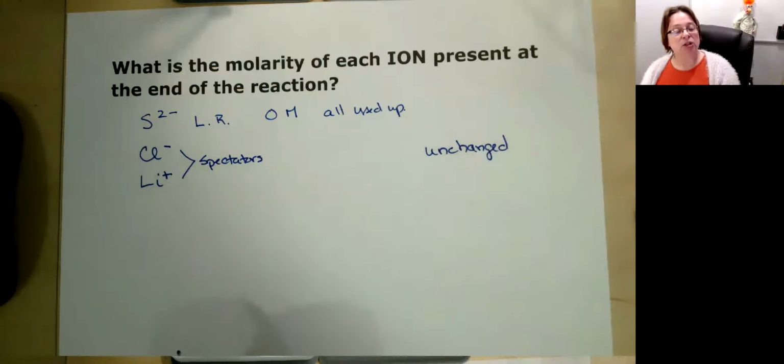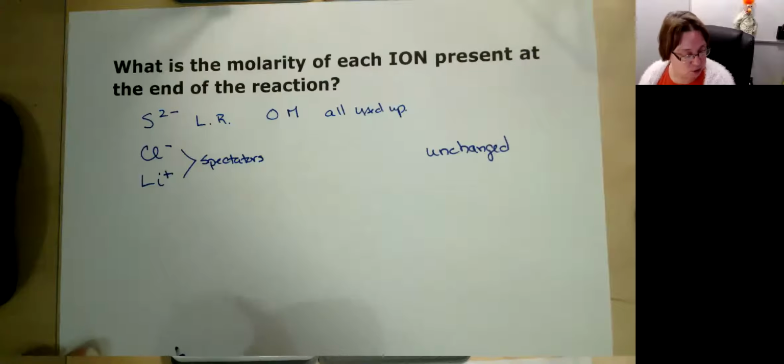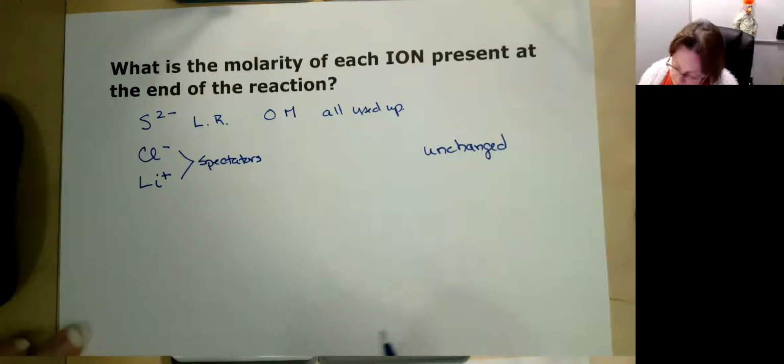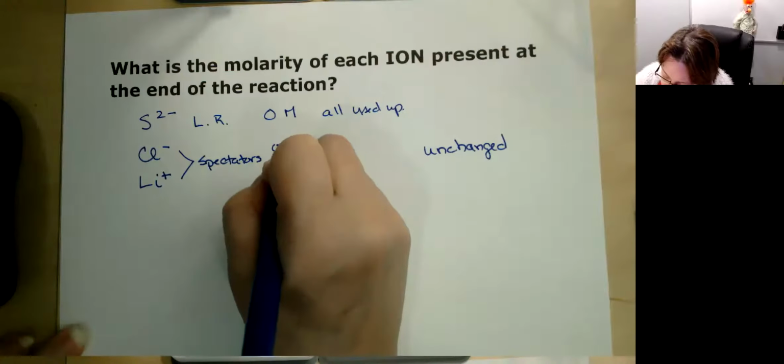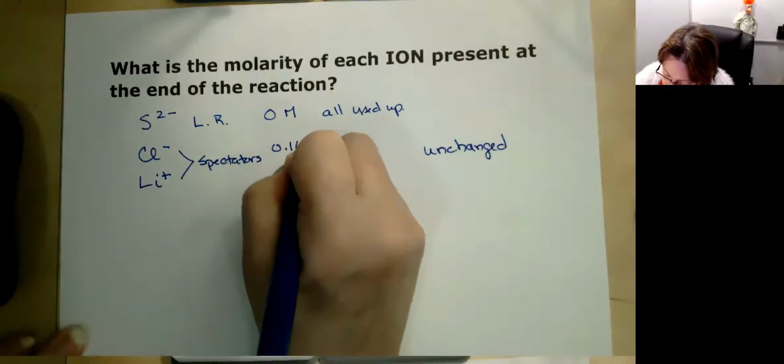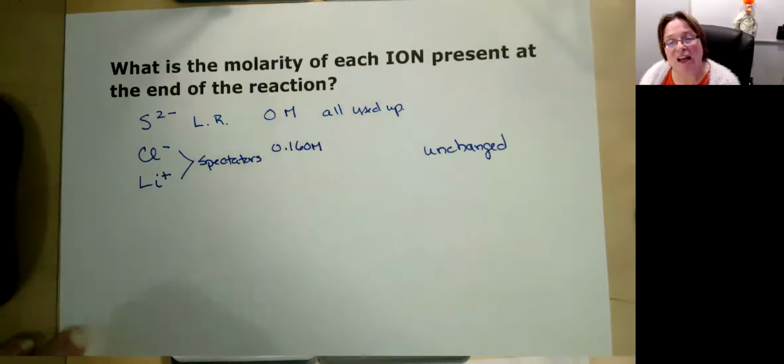So we can go back and look at what their concentrations were at the beginning, right? After we diluted, after we mixed them and diluted them. And our chlorine ion concentration at that point was 0.160 moles per liter. And at the end of the reaction, it's still 0.160 moles per liter. It hasn't changed there. It's the spectator.